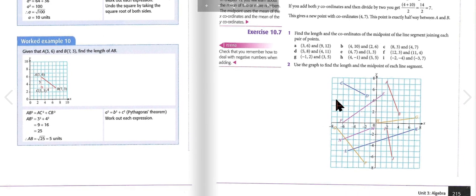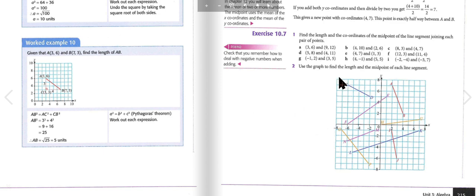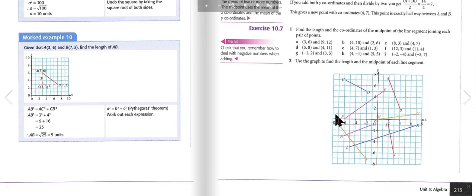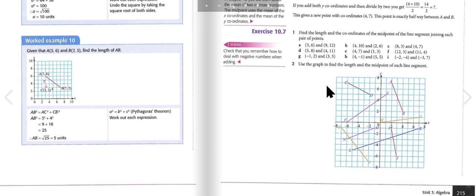Question 2. Use the graph to find the length and midpoint of each line segment. So, the length of each segment, again rounding to 2 decimal places, is 5.39. Wait, no. AB is 5.39. CD is 4.47. EF is 8.60. GH is 7.07. IJ is 5.10. KL is 12.6. And MN is 5.39 and OP is 7.81.